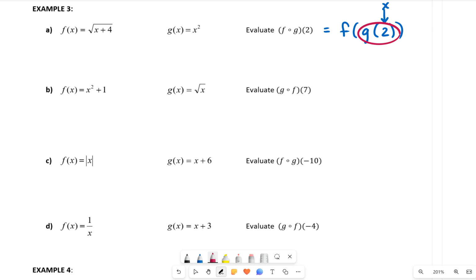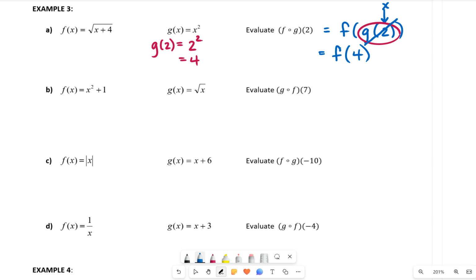So I'm going to go to the g function, and g of 2 is 2 to the second power, and 2 to the second power is a 4, because I had to replace every x with 2. So I come back over here, having found that g of 2 was 4, and replace it with the answer I just got.